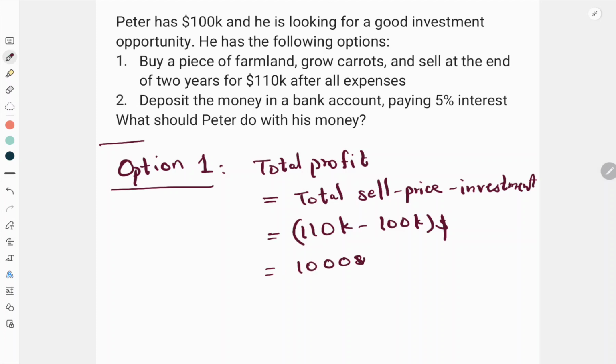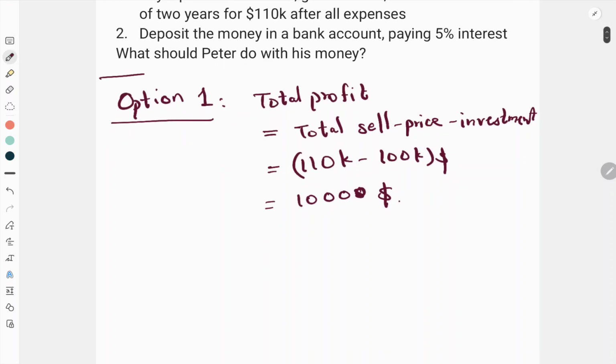So option 1 is straightforward. At the end of 2 years, he will have $10,000 of profit after all the expenses are paid.